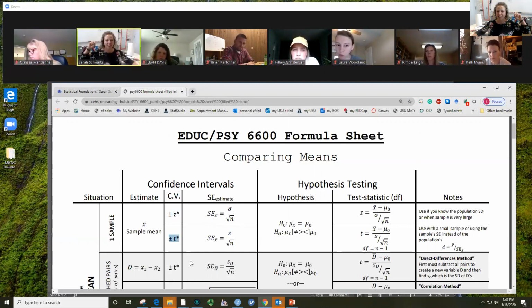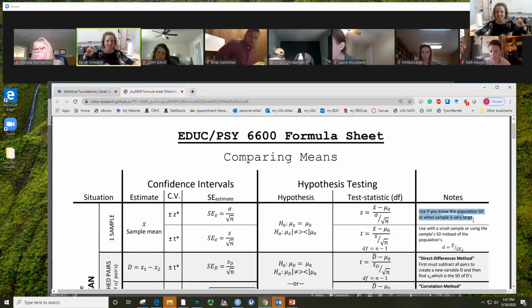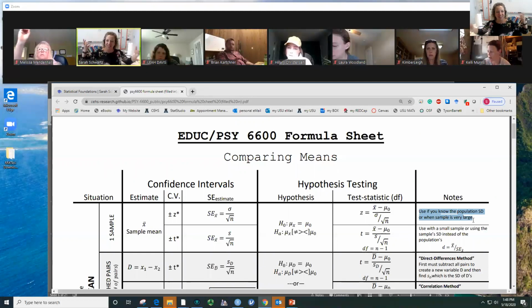Now there's notes here at this last column of this table. So the first box says, use if you know the population standard deviation or when the sample is very large. What do we mean by large? How large? Over 100-ish, yeah.